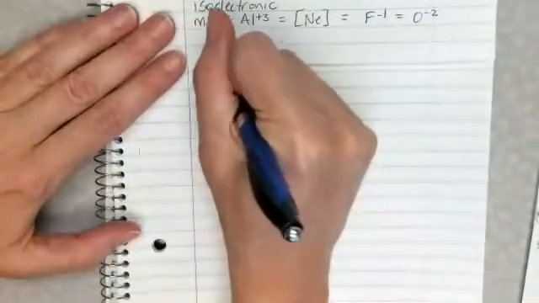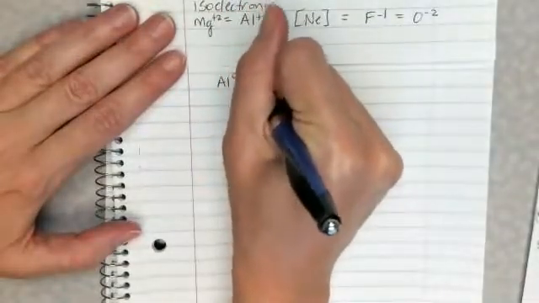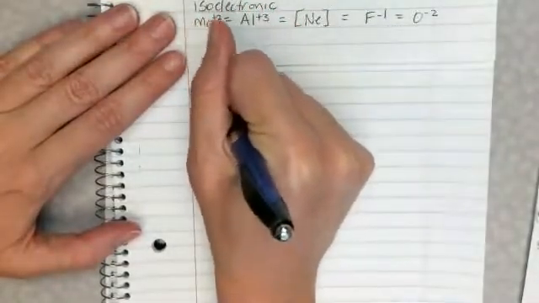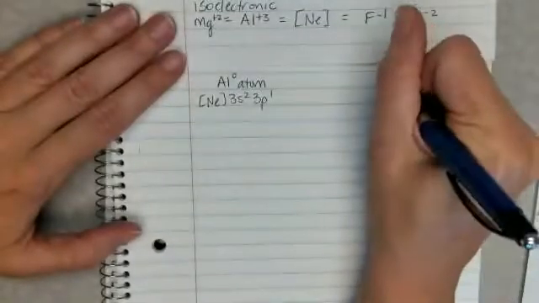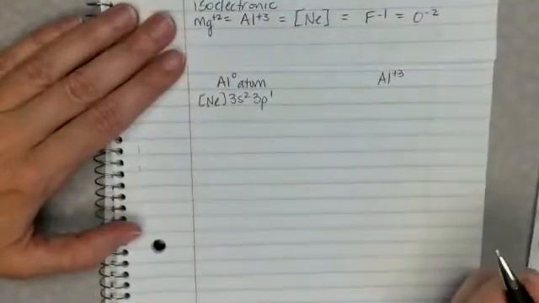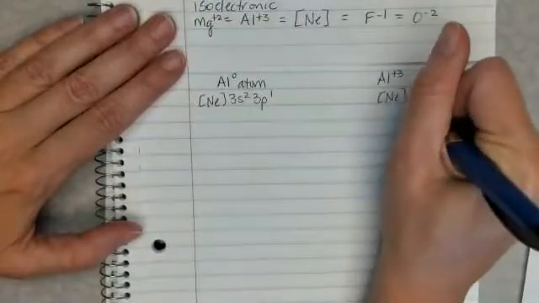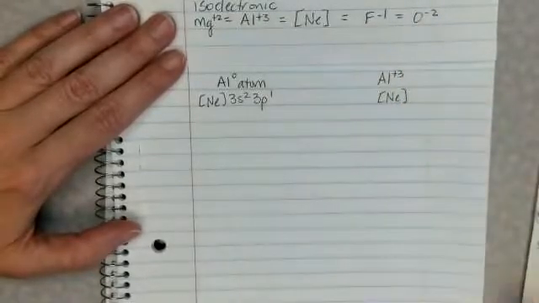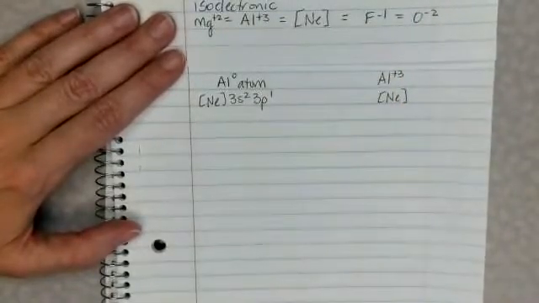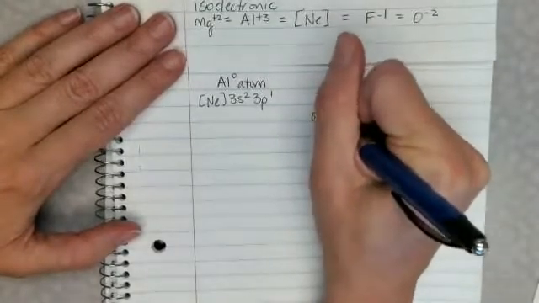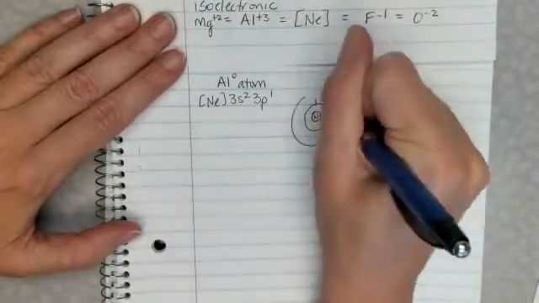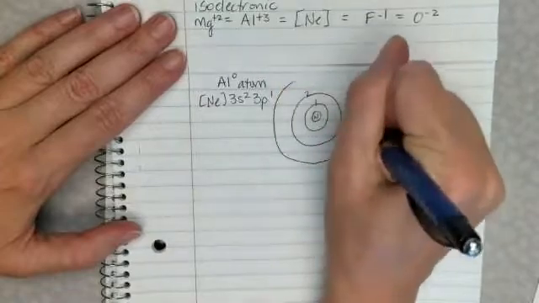So with the aluminum atom, I had a neon core and then 3s2 and 3p1. When I'm looking at the aluminum cation, +3, now I've just matched the shape of the neon. So if I go back to that generic structure of the atom, I've got my nucleus, my first shell, my second shell, and my third shell.